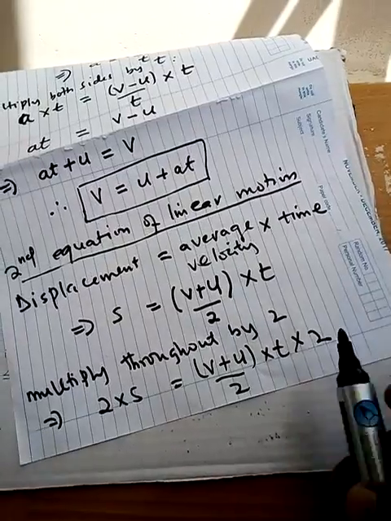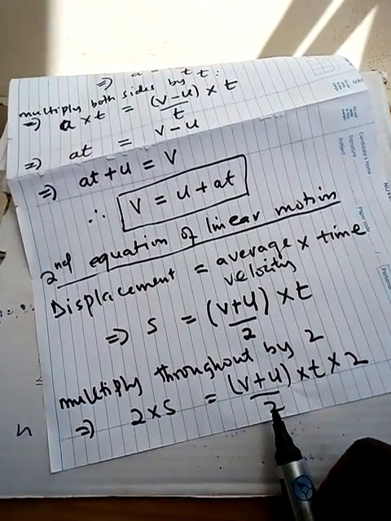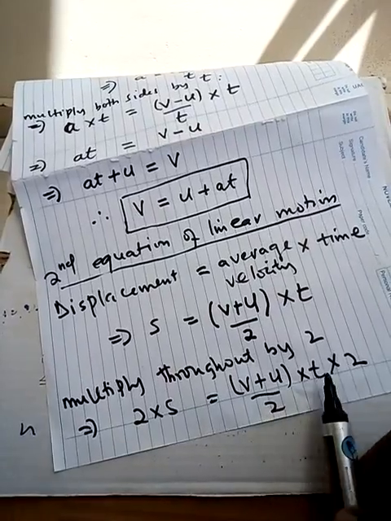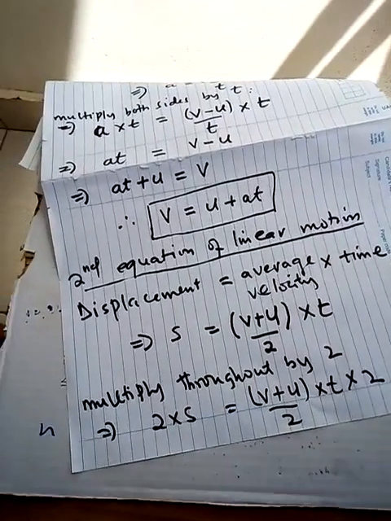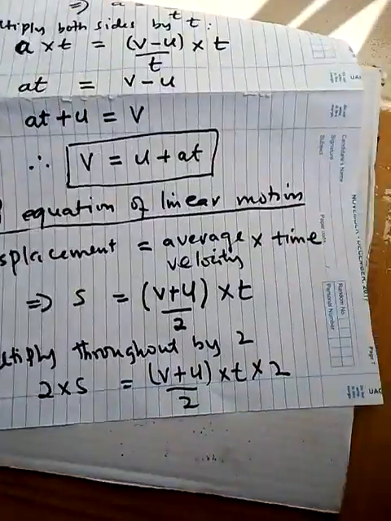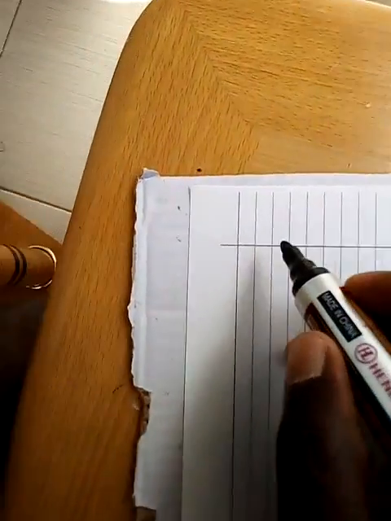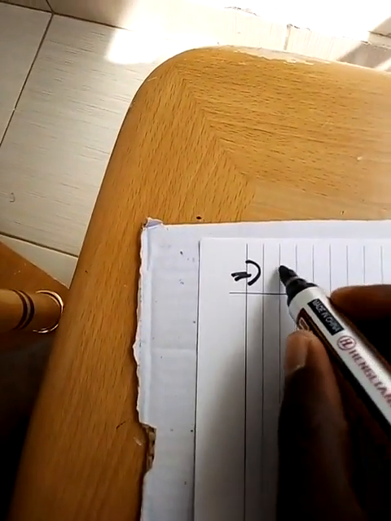Our mathematics students know very well that these 2s will cancel out. And eventually, that would mean that on the left hand side we have 2s.